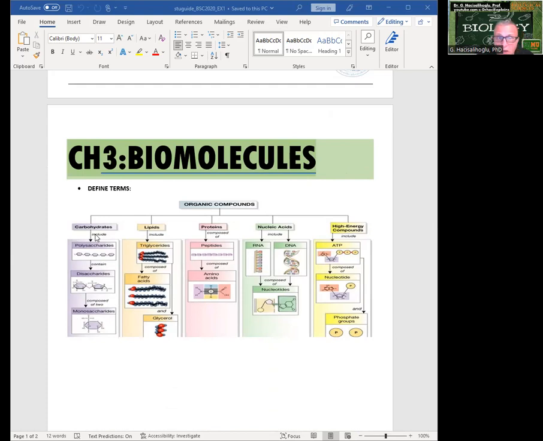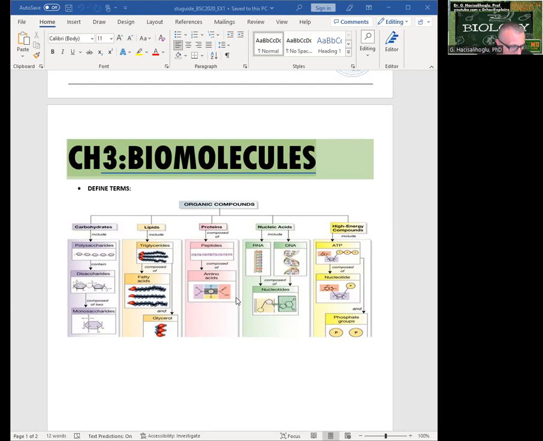They are mostly polymers, made from monomers. Carbs, lipids, proteins are 3 big groups. Carbs are made of monomers like monosaccharides, lipids are made of fatty acids and glycerol, proteins are made of amino acids, like twenty amino acids, and nucleic acids are made of nucleotides.